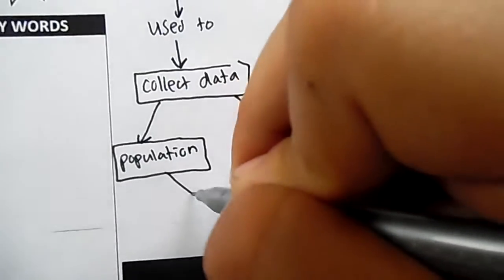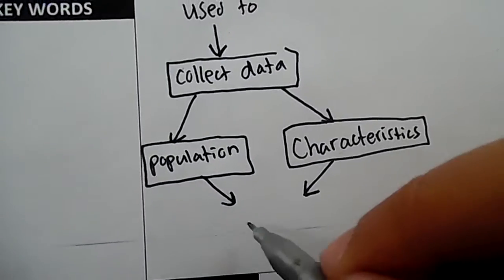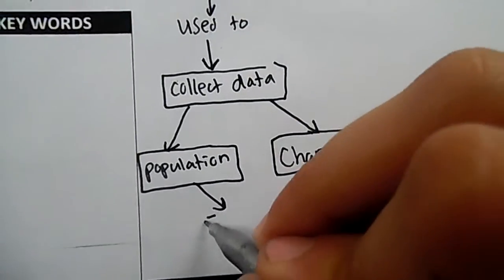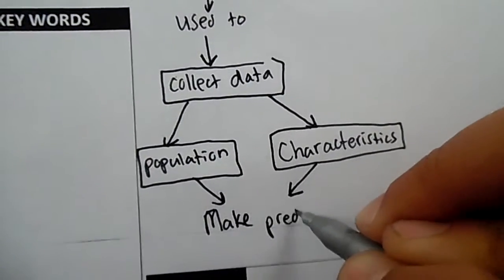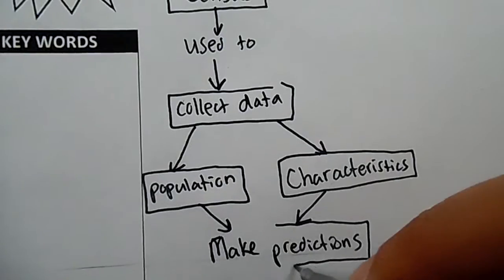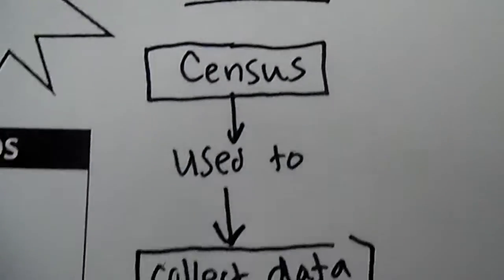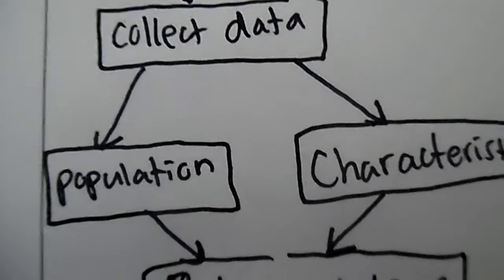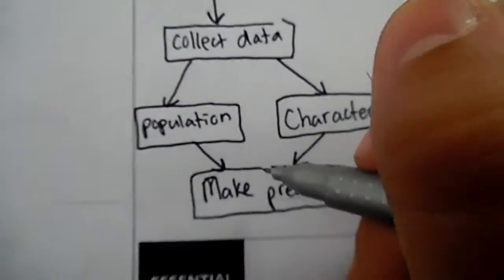And the number and the characteristics are used for making predictions. So you can see how it all connects. The census collects data about population and characteristics, and we use that data to make predictions.